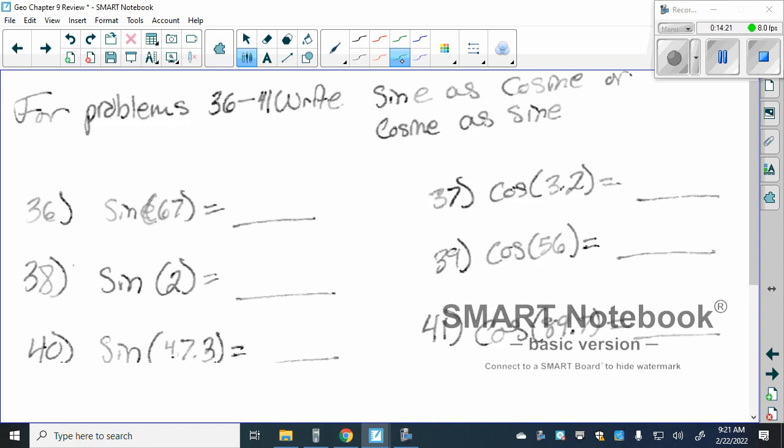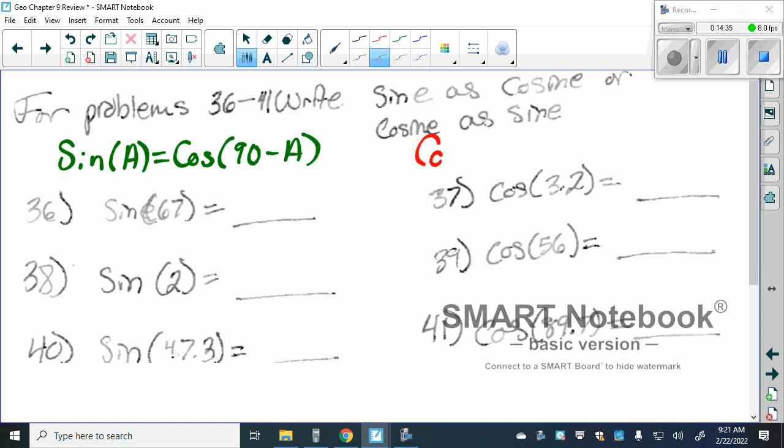If it's already written as cosine, we're going to rewrite it as sine. And this is going based off the fact that sine of A is equal to cosine of 90 minus A, or cosine of A is equal to sine of 90 minus that angle.